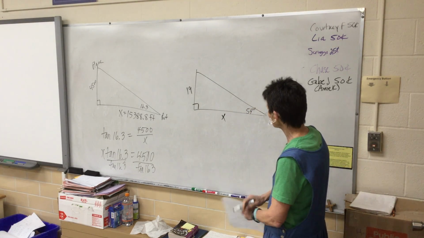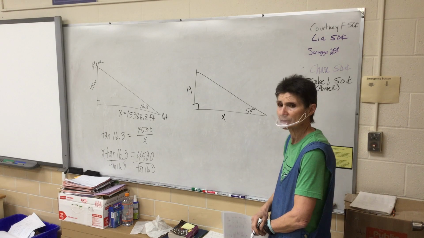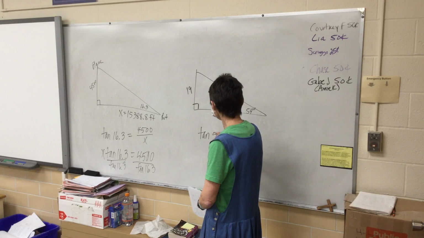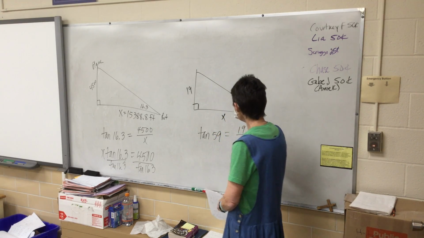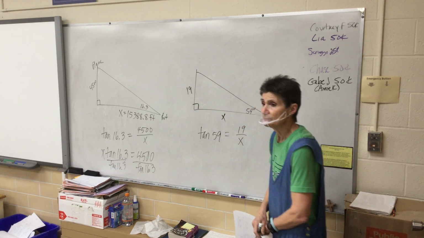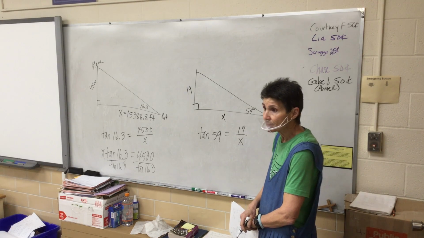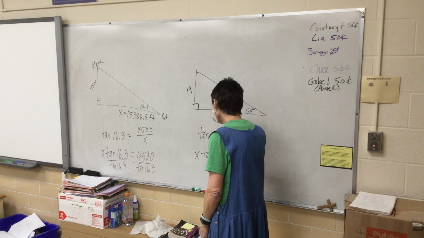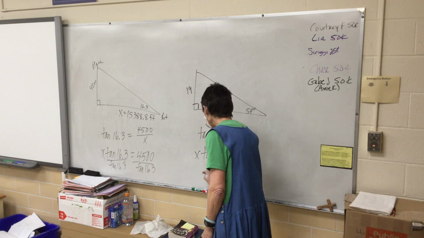Oh gosh, is this the same kind of problem? So we'll say tangent 59 equals 19 over x. Then what? Multiply by x. And then what? Divide by tangent.